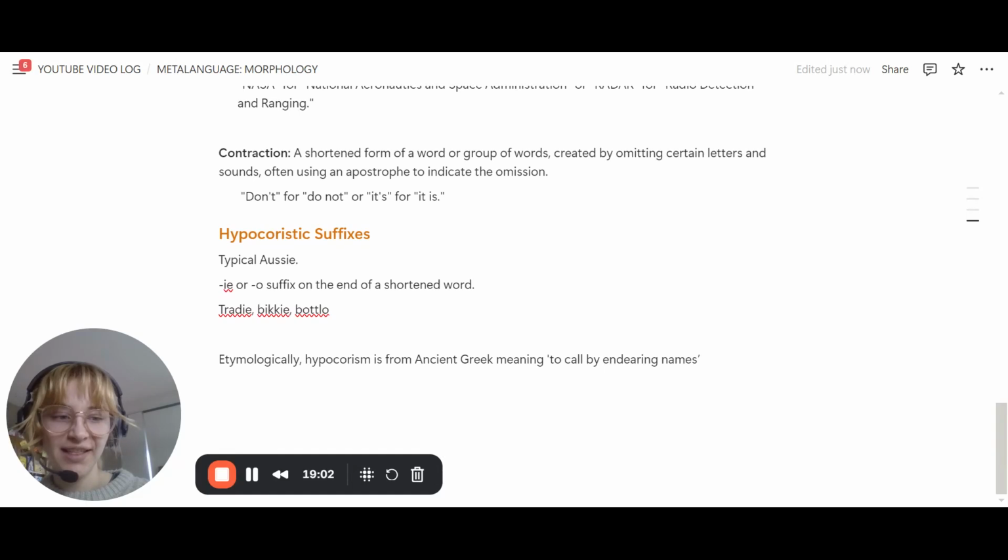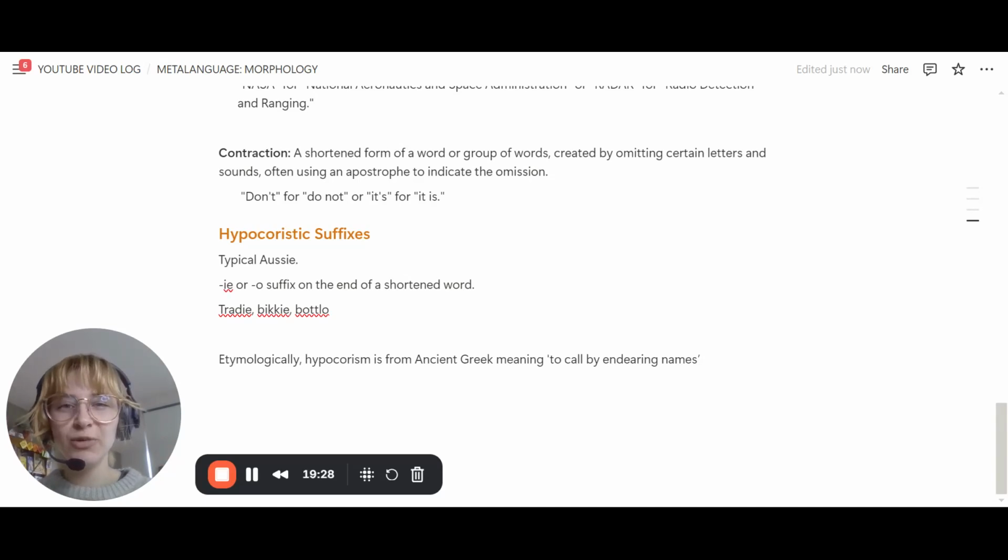Now, just quickly, the very last thing they've listed in the study design under Metalanguage for morphology is hypocoristic suffixes. I've written here typical Aussie because I've taken the word Australia, shortened it, and then added the suffix E on the end. Hypocoristic suffixes are when we do exactly that. We shorten a word down and then we add the E or O suffix.